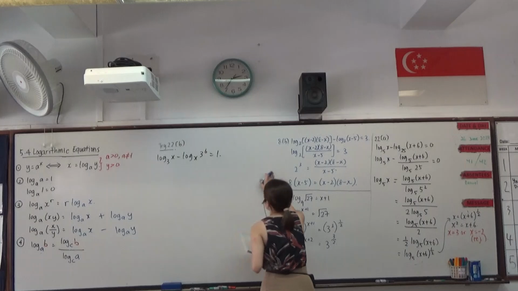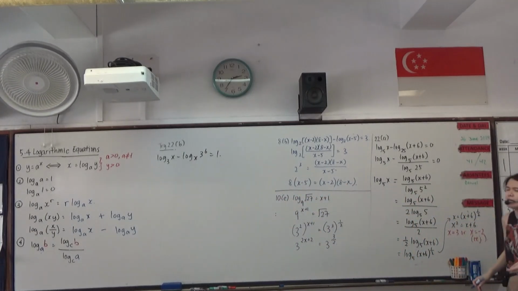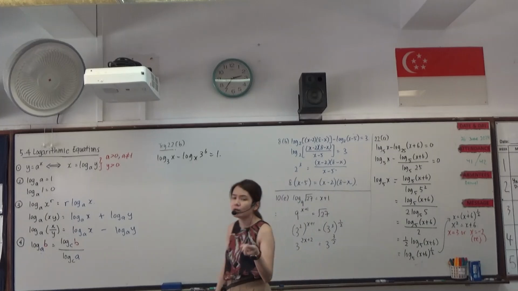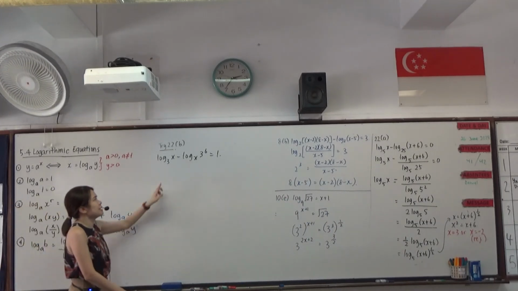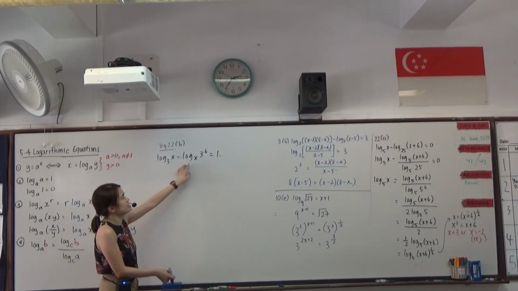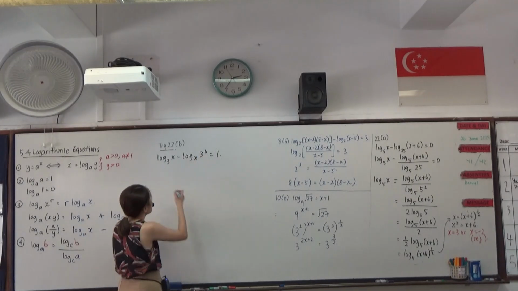Okay. Now in part B, what some of you decided to do is to proceed to calculate what is 3 to the power 6, which isn't very helpful. Because observe that the base is 3, so it's actually quite helpful to keep it to a base of 3 for this index form over here.